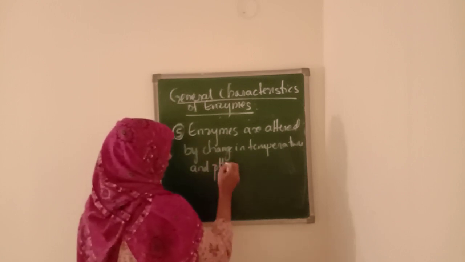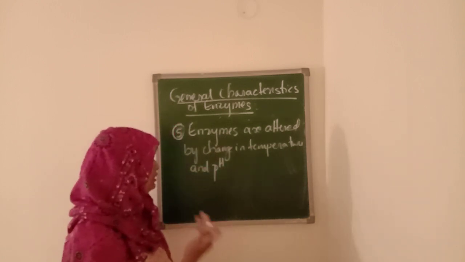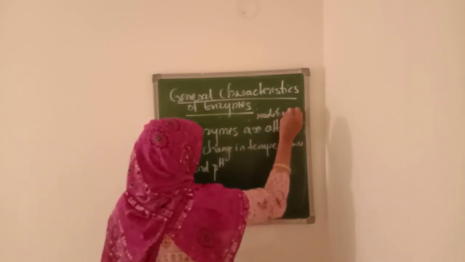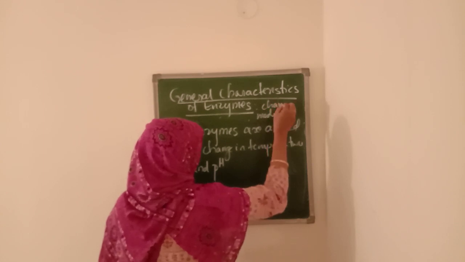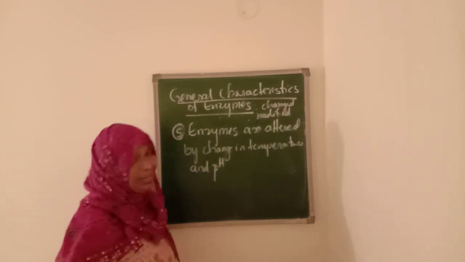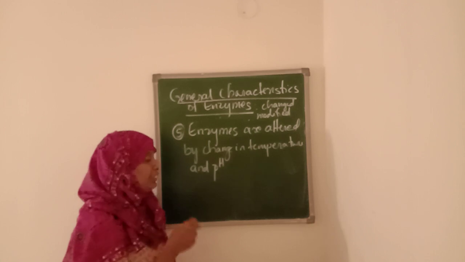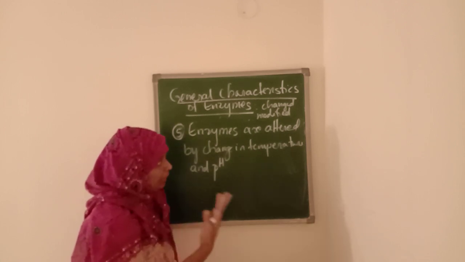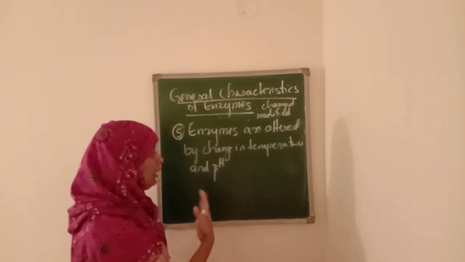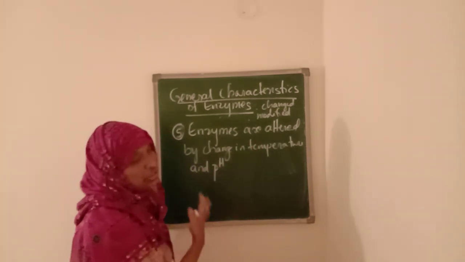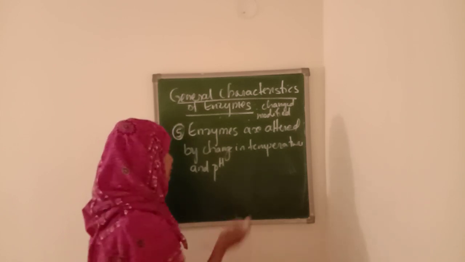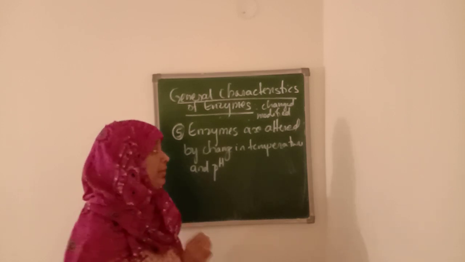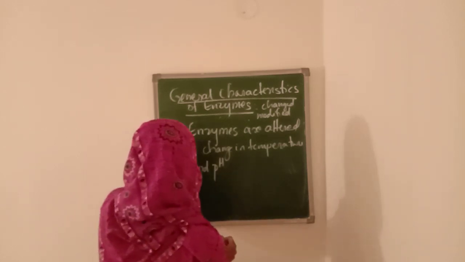Enzyme activity can be altered, and altered means modified or changed. Enzyme will exhibit different activity at different temperature and different pH. So enzyme activity can be changed or modified by changing the temperature and pH. If you change the temperature and pH, enzyme activity is changed.